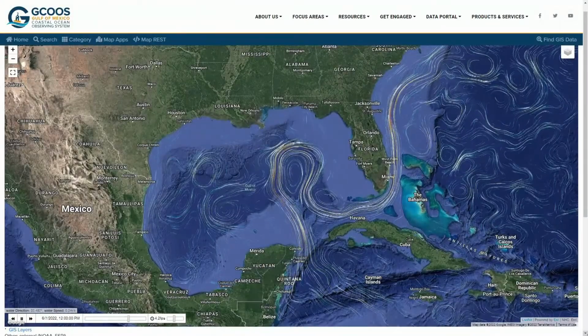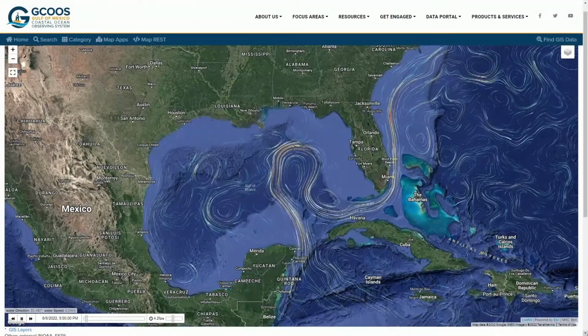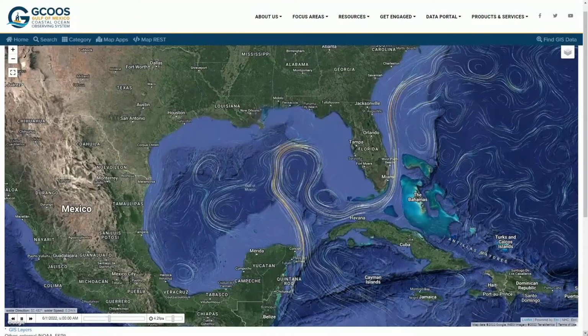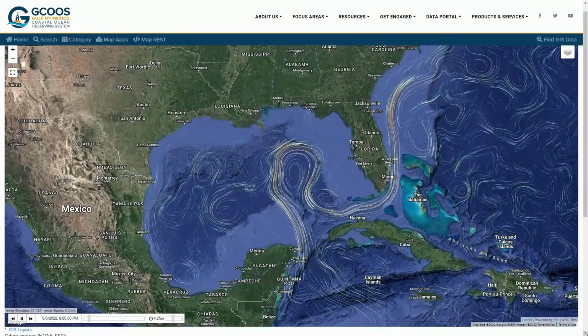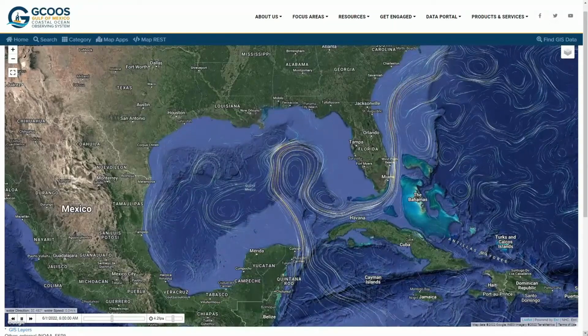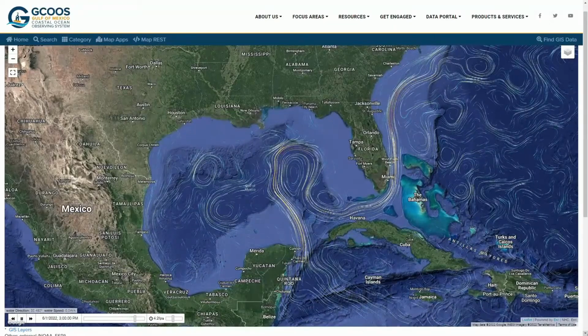Anyway, in terms of the current conditions, you saw the sea surface temperature map of the loop current a minute ago, and you saw the heat content. So the loop current is fairly well intruded into the northern Gulf. In other words, it's quite close to the northern Gulf coastline. It could be closer. In the case of Ida and Katrina, it was closer to the coastline.